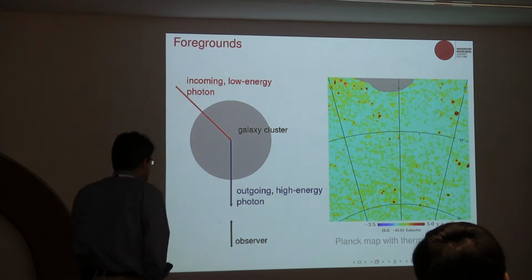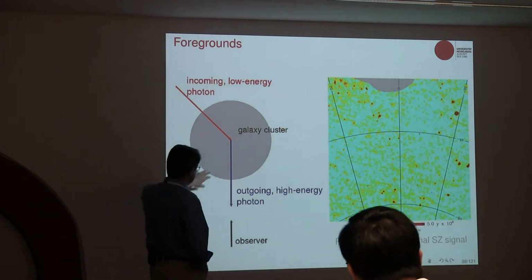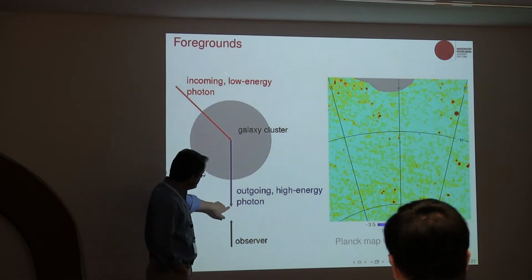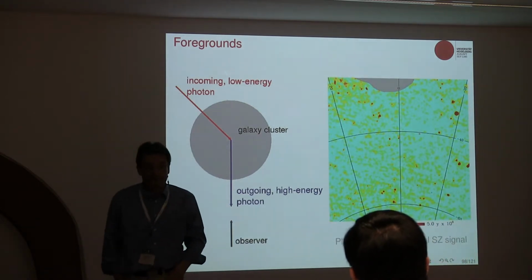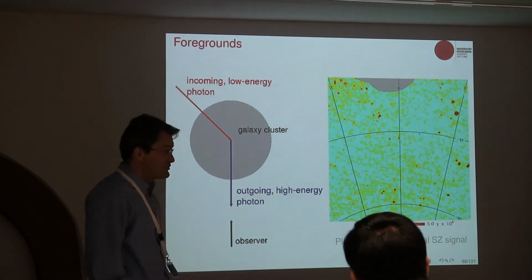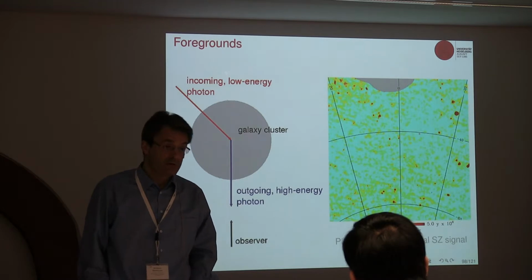So if any of these electrons meets a photon, inverse Compton scattering will happen. Right? And the photon will leave the galaxy cluster with a much higher energy than it entered the galaxy cluster with. In other words, galaxy clusters scatter CMB photons from lower to higher energies.